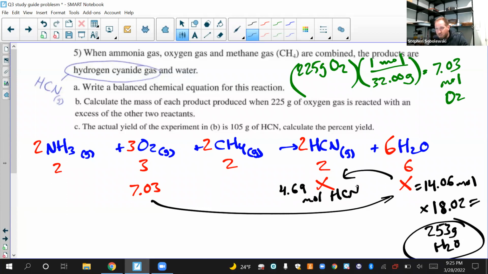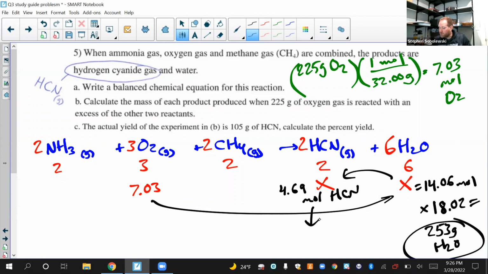By the way, I could have easily found that by just applying a 3-to-2 ratio from the 7.03, which would mean dividing by 1.5. In fact, I'll double check. 7.03 divided by 1.5 gives me the exact same number. Okay, 4.69 moles of HCN.